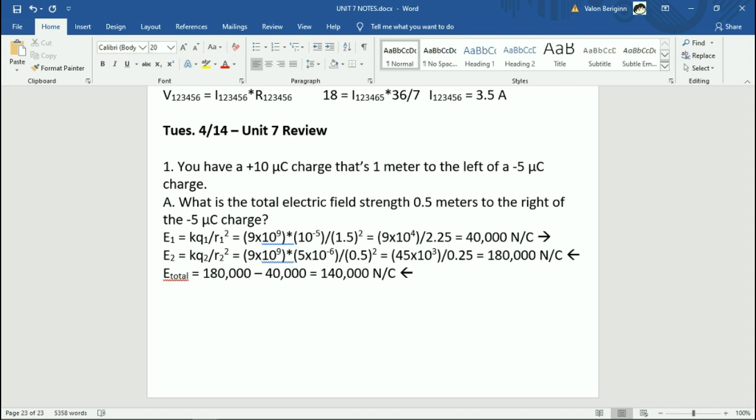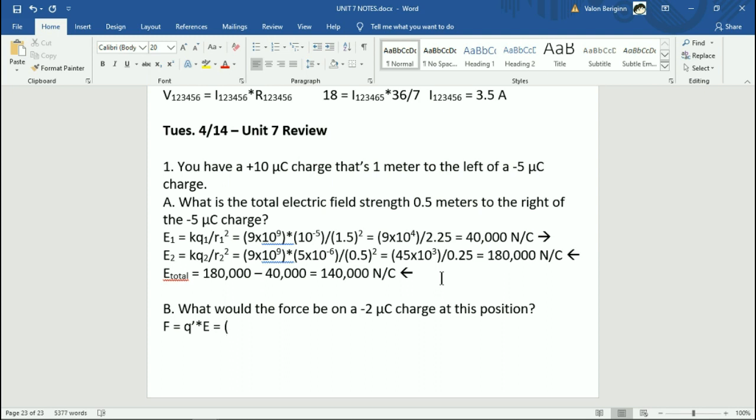So a second question could be, what would the force be on a, let's say, -2 microcoulomb charge at this position? Okay, so for force, you take this new charge and multiply it by the field strength. So the new charge is the -2.